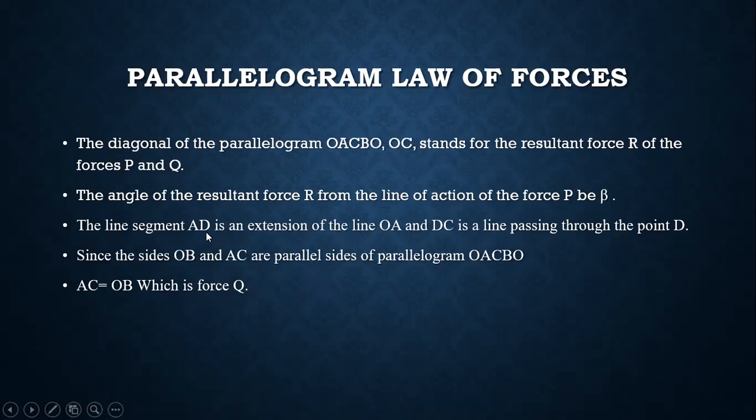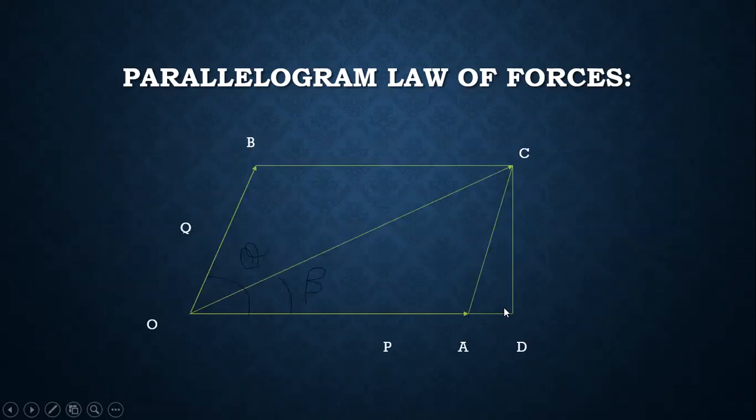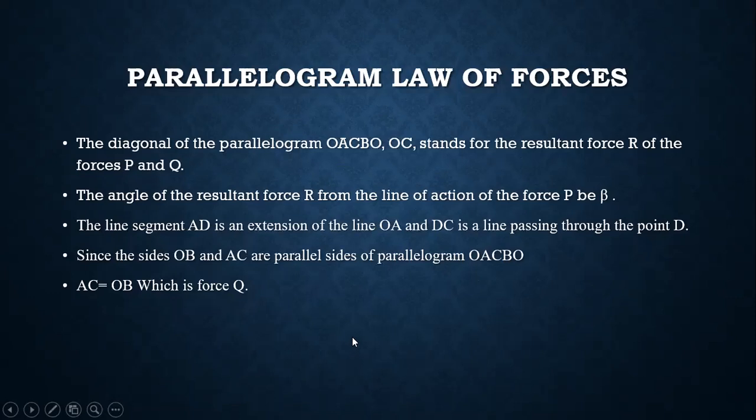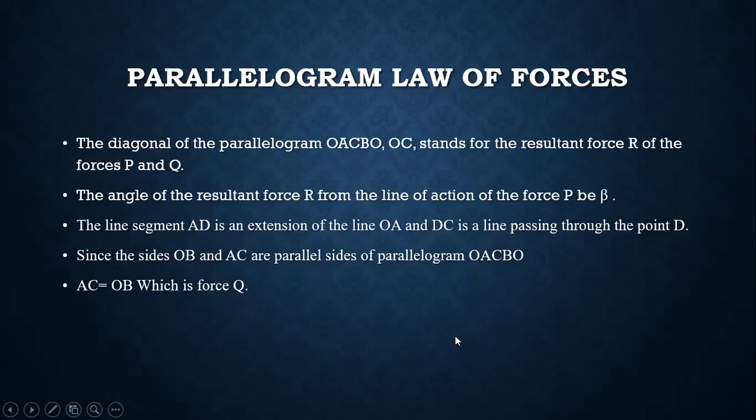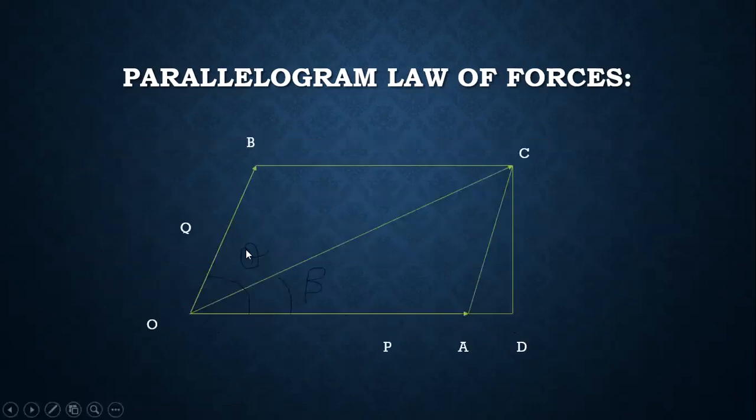The line segment AD is an extension of the line OA. So AD is a line segment drawn from the line OA, and DC is the line passing through the vertical point D. Since the sides OB and AC are parallel, equal and opposite, both have equal length.